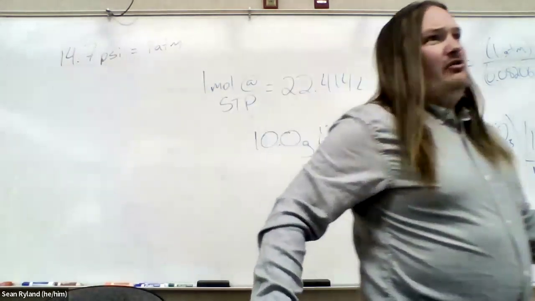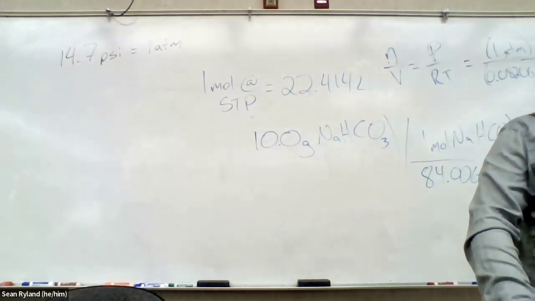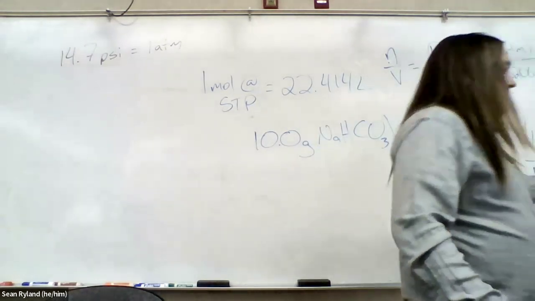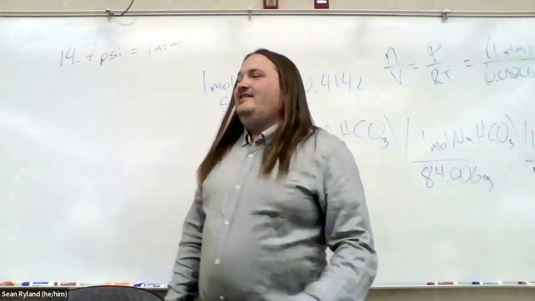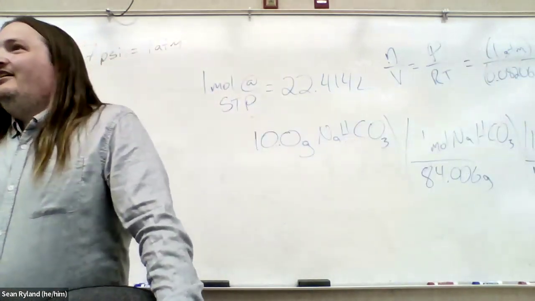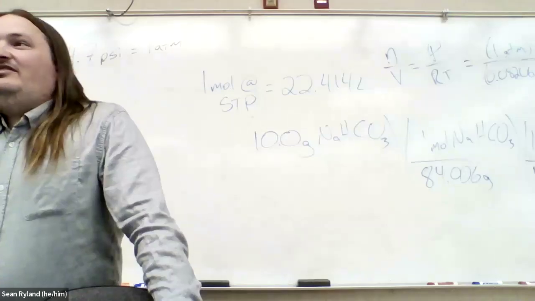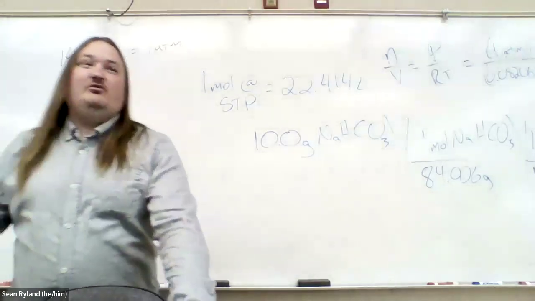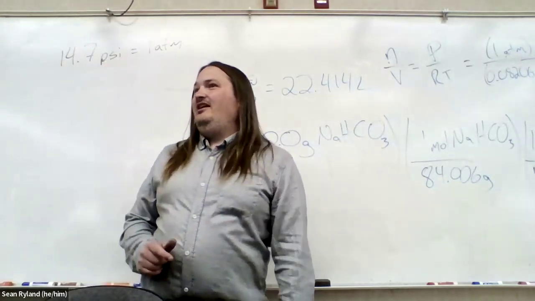Anybody seen the Mark Rober video where he does the elephant toothpaste? He does the calculations ahead of time to figure out how much of everything he needs. It depends on which one you're watching. It also had the problem of the temperatures changing, so it was a more interesting math problem than this, because it wasn't remaining at STP at any point.